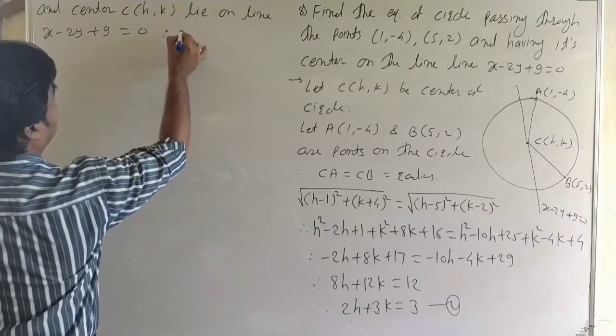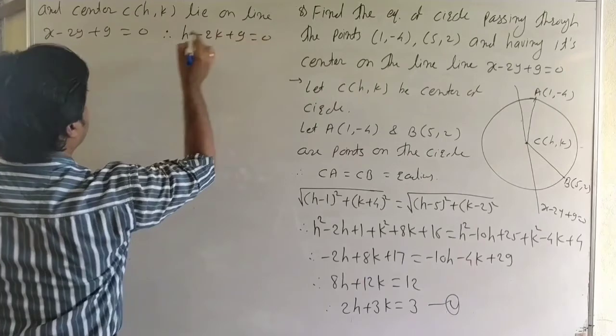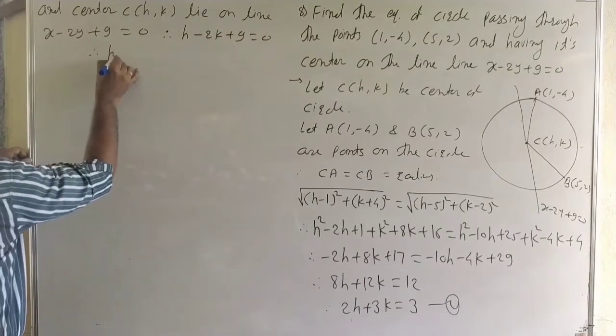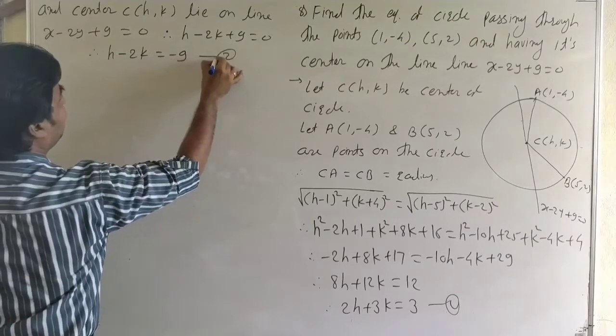Therefore we can write h minus 2k plus 9 is equal to 0, and therefore we get the equation h minus 2k is equal to minus 9, and it is equation number 2.